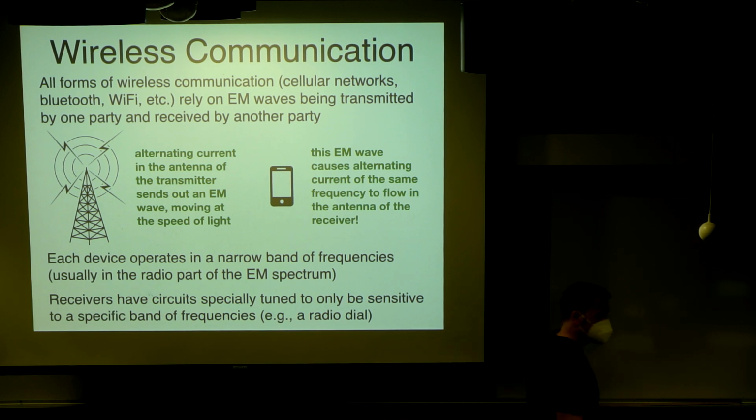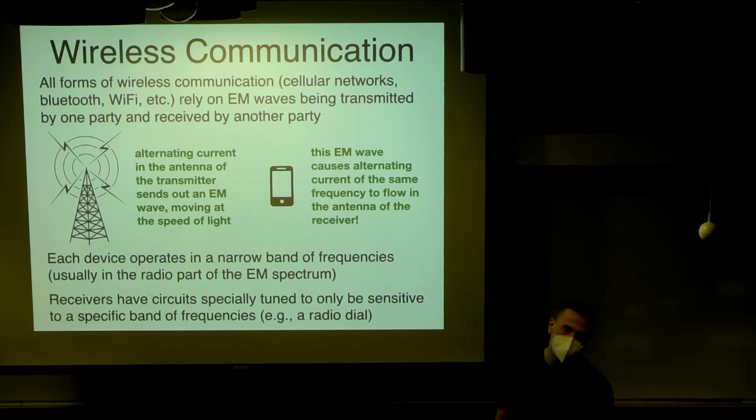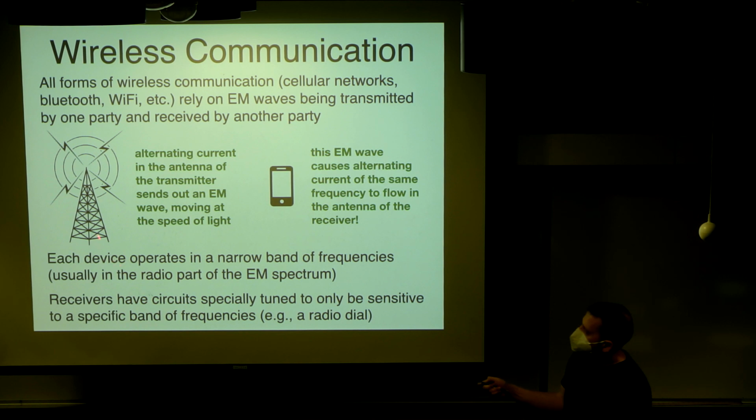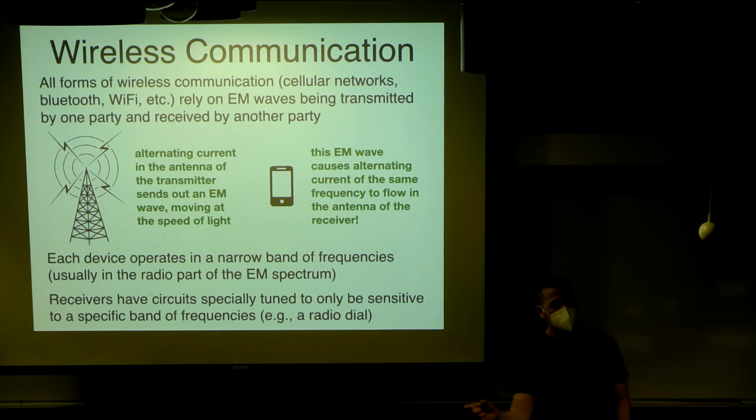So big picture, what is wireless communication? You have some kind of transmitter and you have some kind of receiver. So what does the transmitter do? The transmitter creates in some sort of antenna, which is used to broadcast the signal, some kind of alternating current.